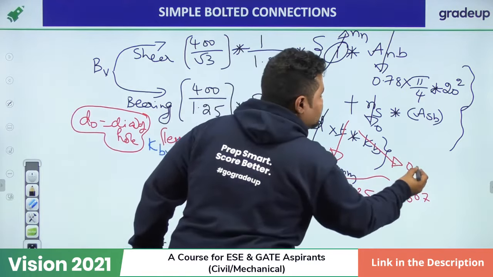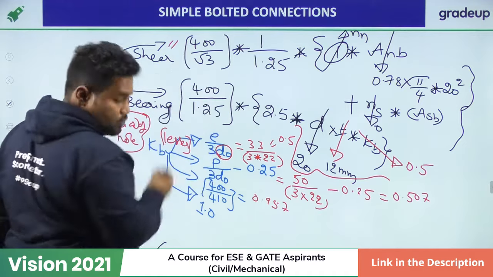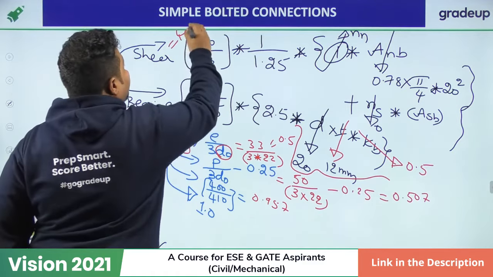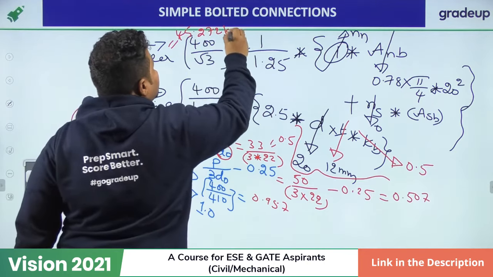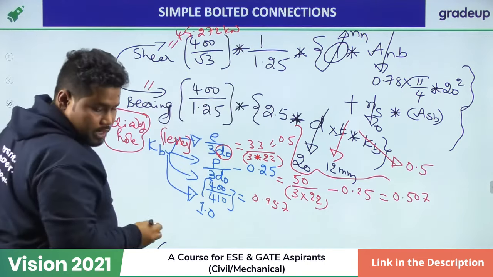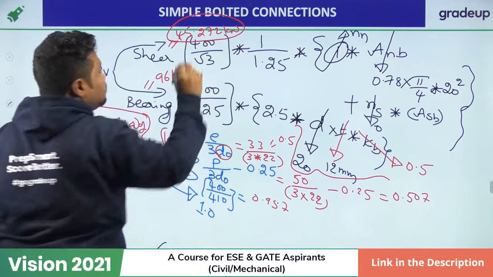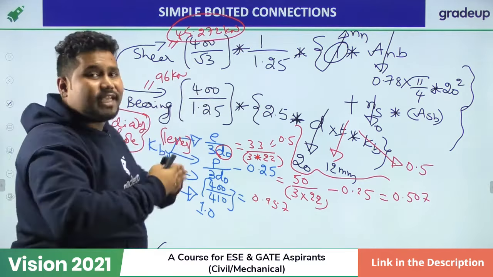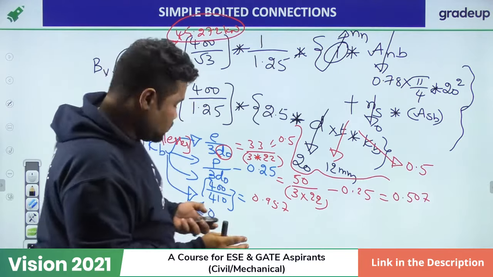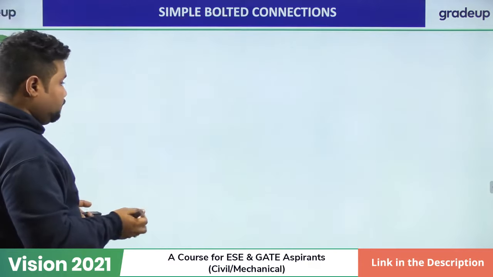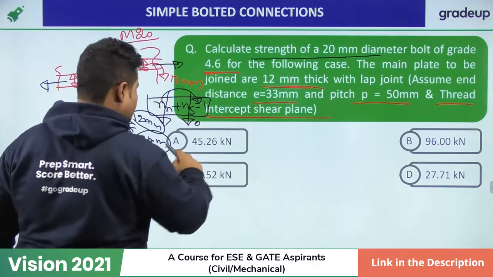If you substitute 0.5, you will get the option. In shear mode it is 45.272 kilonewton, and in bearing mode, which is 96. This is the standard value for an M20 bolt in single shear mode. If it is double shear mode, this will not be the standard case. So you can easily pick option A as the correct one.